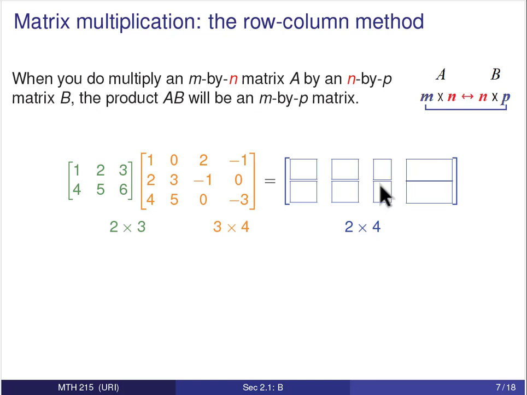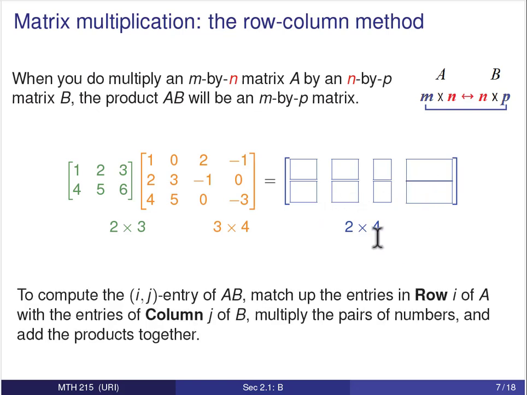Then, the technique I'm going to introduce now is called the row-column method. What we're going to do is fill in these entries one at a time. The way we'll do that is pick an entry. Say we want to fill in the ij entry. To complete the ij entry, we need to take a look at the row i it's in and use that row from the first matrix.